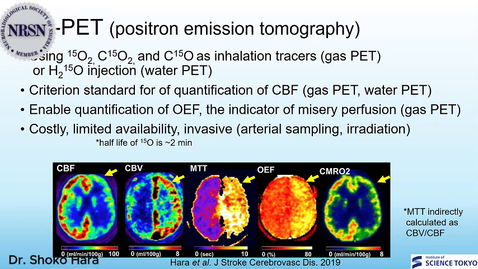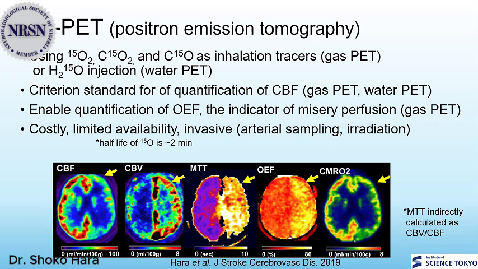Both gas PET and water PET can quantify CBF, but only gas PET using inhalation tracers can measure additional important parameters, namely cerebral blood volume, oxygen extraction fraction, and the metabolic rate of oxygen.